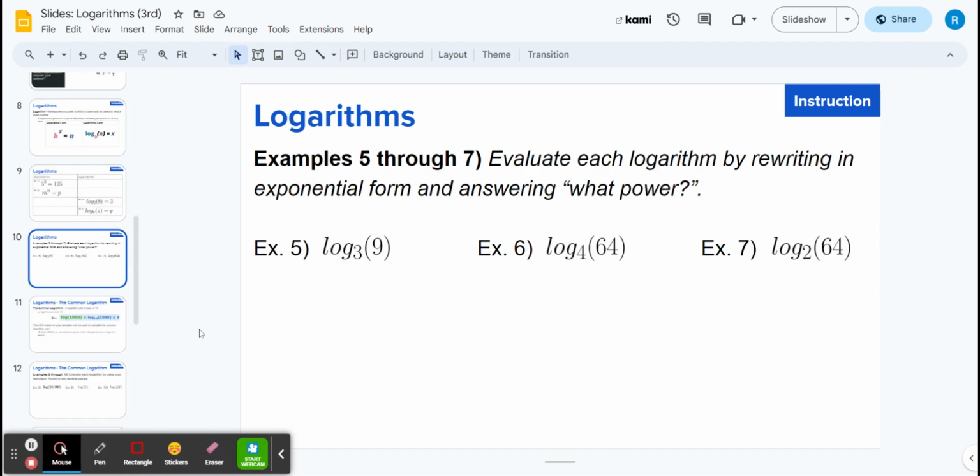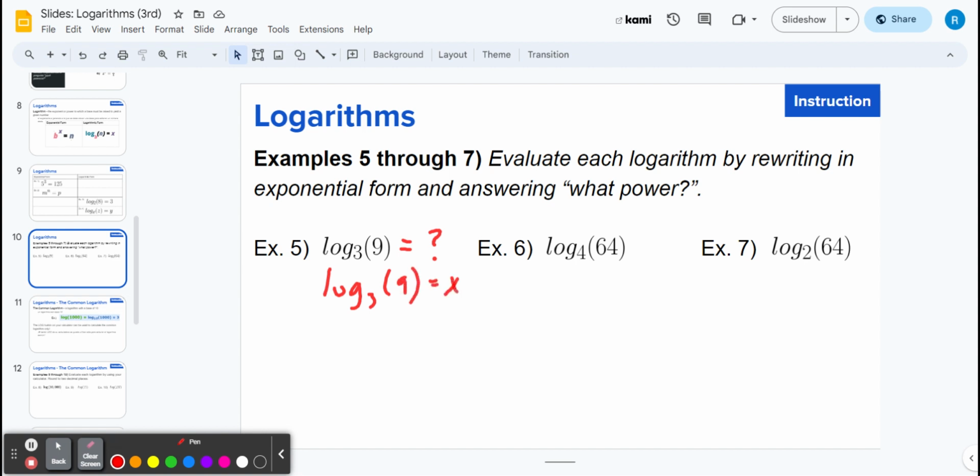Now, let's combine that idea with what we did in our opening exercise talking about what power we're looking for. So if we look at examples 5, 6, and 7, we're given logarithms and we are going to evaluate each logarithm. So we're going to figure out, what is log base 3 of 9 equal to? I'm going to first rewrite it: log base 3 of 9 is equal to x.